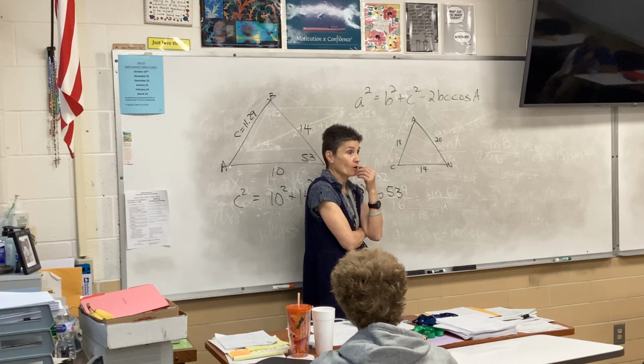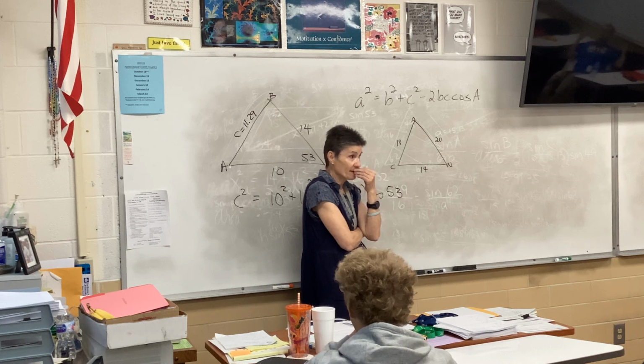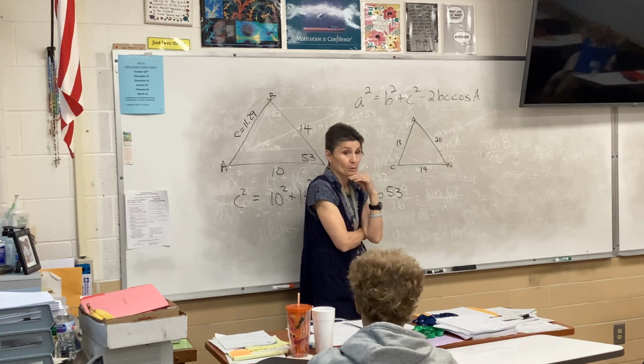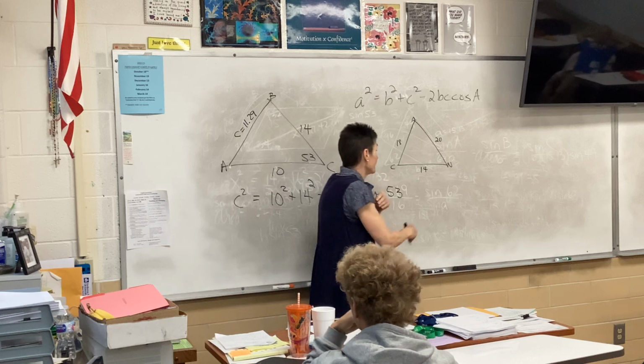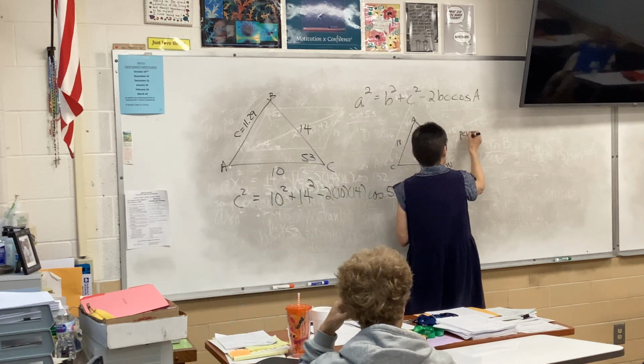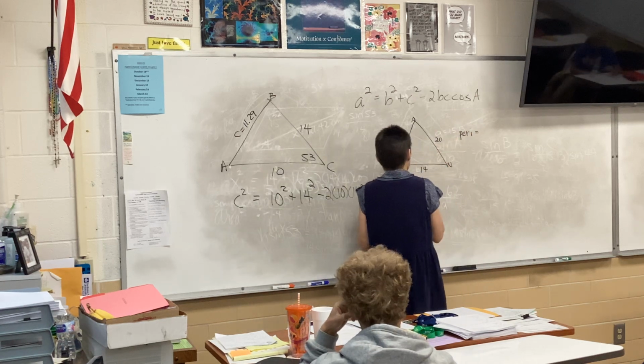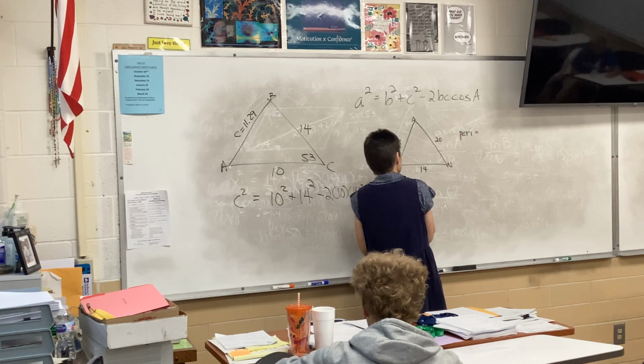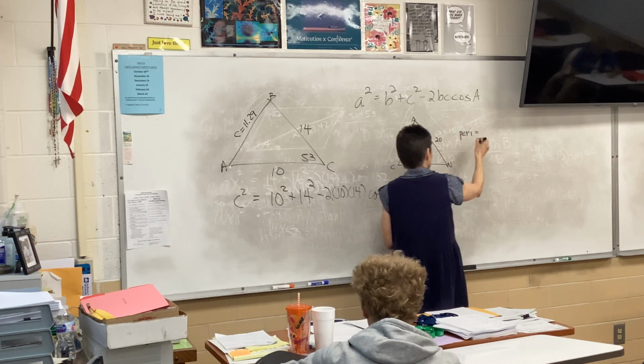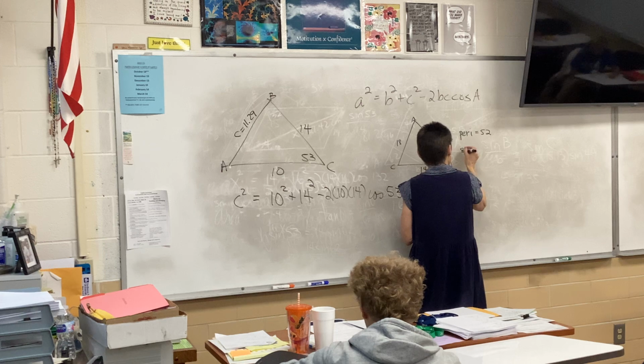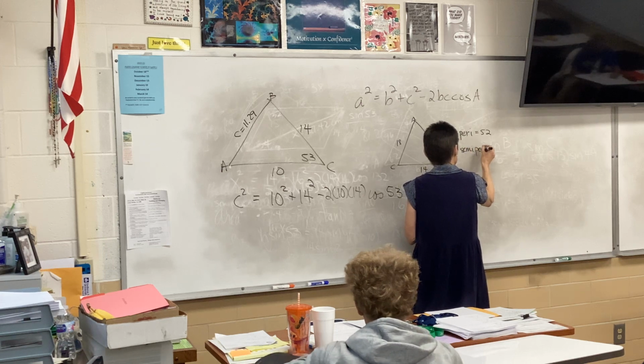What do we start with? Find the perimeter and then cut it in half. So what's our perimeter? You have a calculator, you don't even have to add on your own if you don't want to. What's the perimeter? 52. So what's the semi-perimeter?